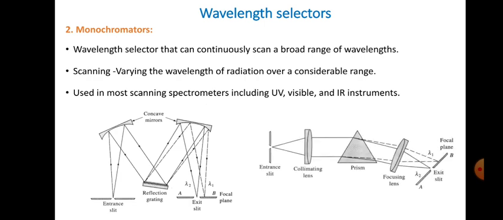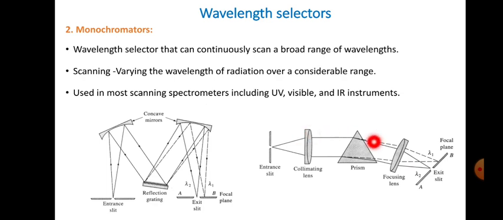And the other type we have seen, that is a prism monochromator, right. So this is the construction of a prism monochromator. It has an entrance slit, then there are collimating lenses which are focusing the light on the prism, and then the prism will disperse the light, and then we have a focusing lens, right. So we can adjust the focusing lens so that only the desired wavelength of light will exit from the exit slit, and the other wavelengths of radiation can be restricted.